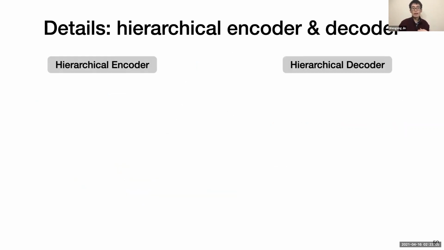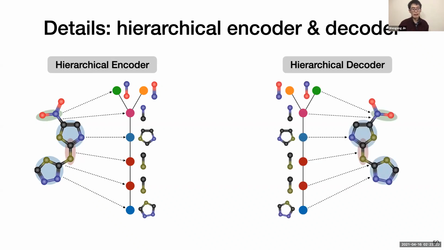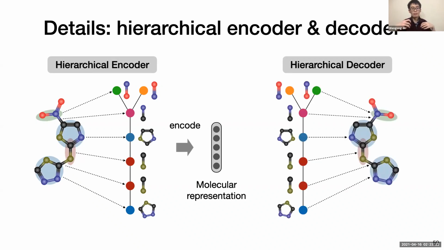Given these two observations, I can design a new type of variational autoencoder that looks like this. I can map a molecule into a continuous representation that builds on this intermediate junction tree representation.